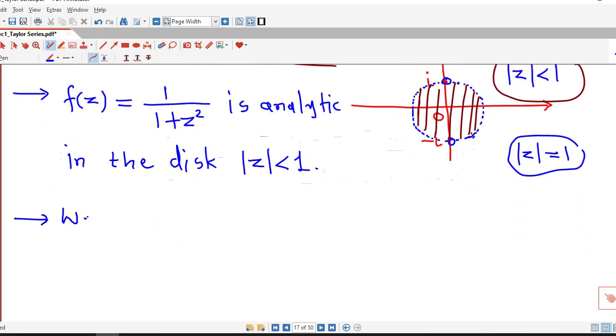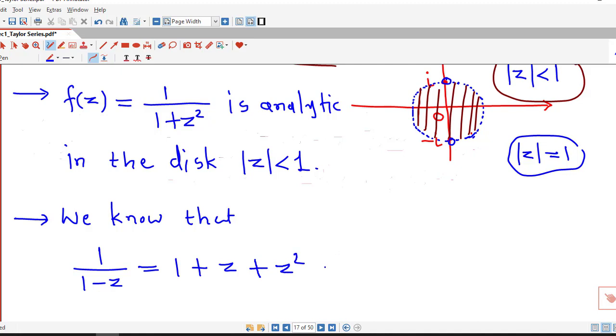Now we will remember the Maclaurin series of 1 over 1 minus z. It is very useful Maclaurin series. We are going to use it frequently in writing Maclaurin series of some other functions. So as we know, this is also valid in the open disk mod z less than 1.